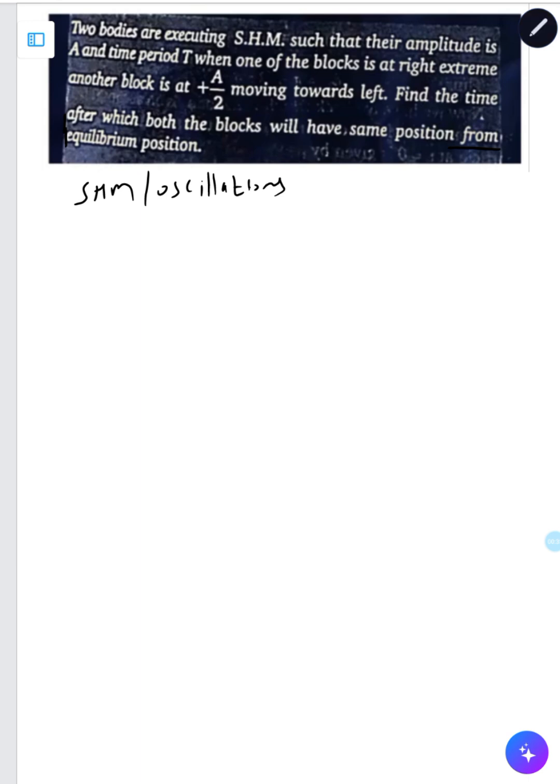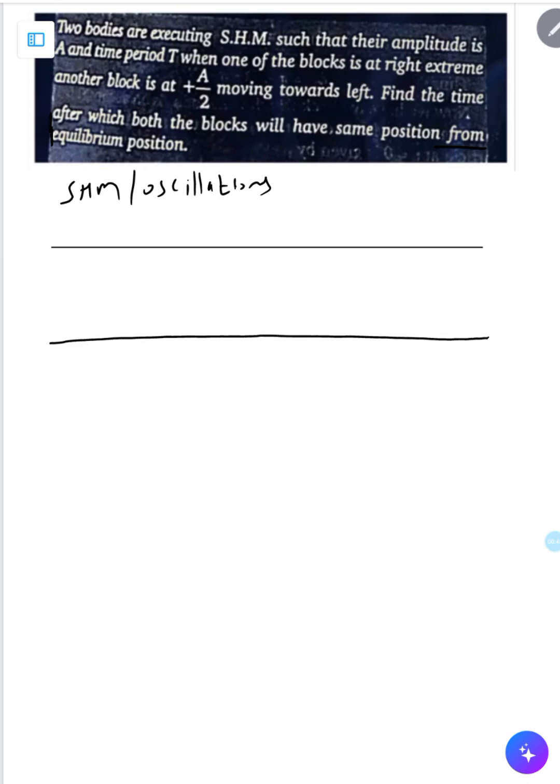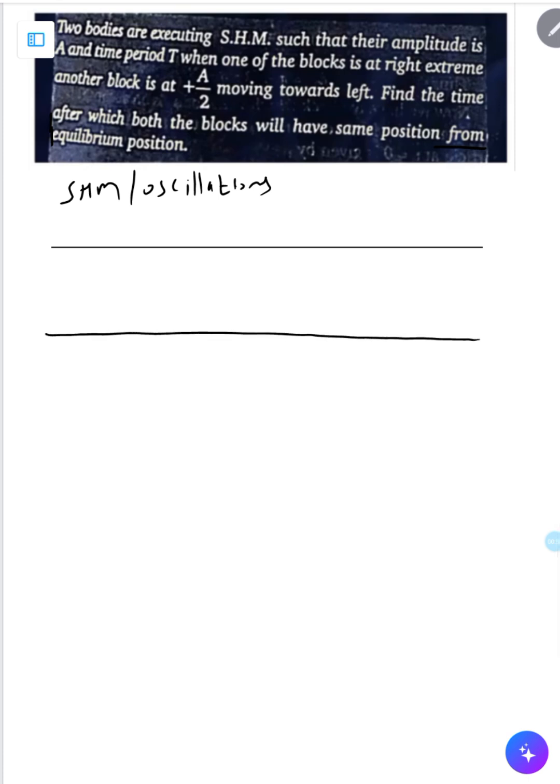Okay, now fine. Here I have this one particle, this other particle. Now particle 1, this is the mean position. This is the left extreme. This is the right extreme.